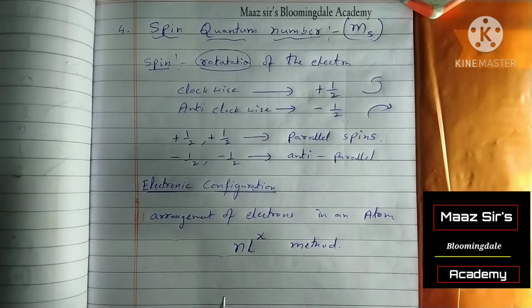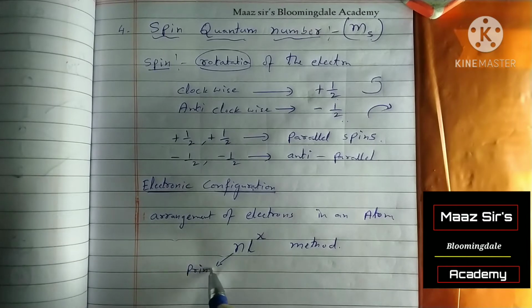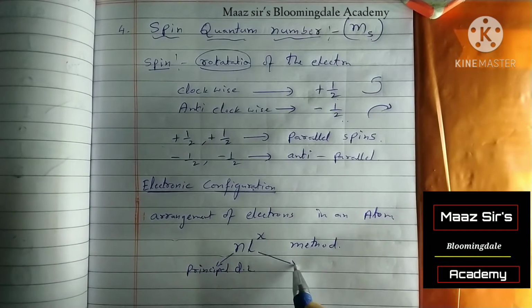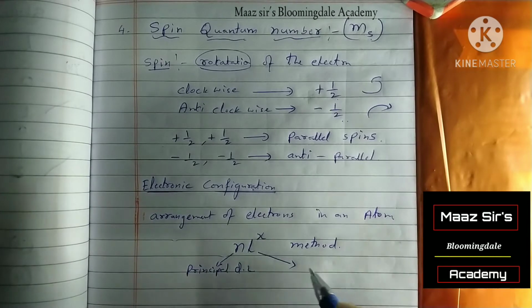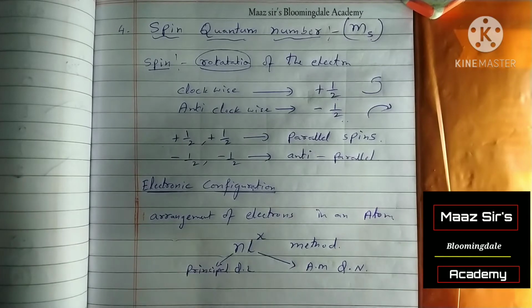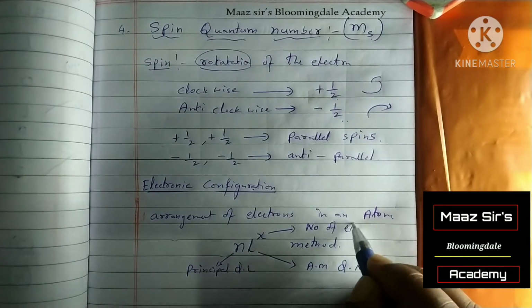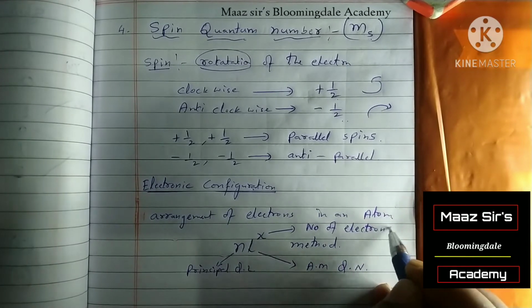So what is this nlx method? n shows your principal quantum number, and l denotes angular momentum quantum number, and x is your number of electrons.